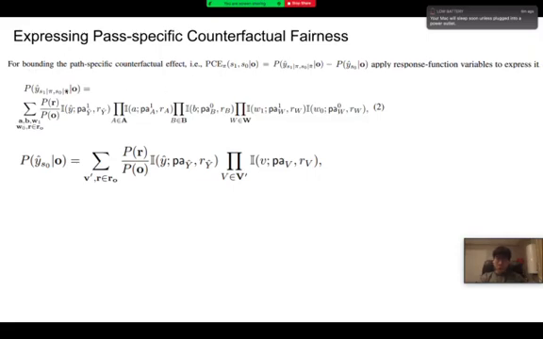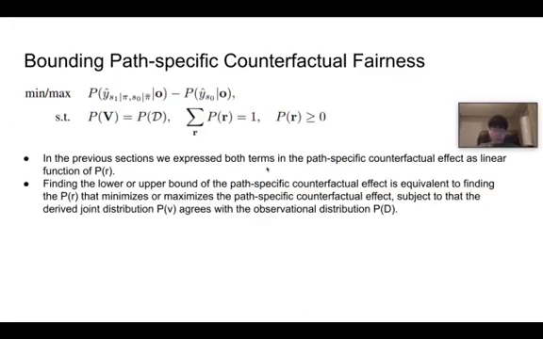I am yet to understand the proof of the steps, but hopefully I can understand it by the final presentation. But the result is that the first term of the path-specific counterfactual effect is this equation, and the second term is this equation. And both terms are linear combinations of PR. So we can express both the joint distribution PV and the path-specific counterfactual effect as linear functions of PR.